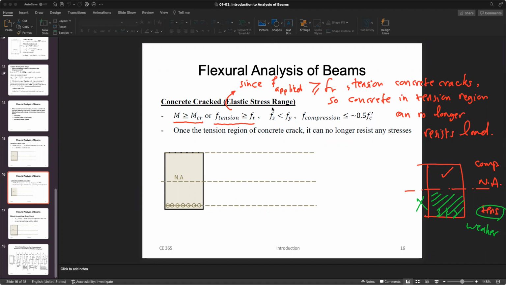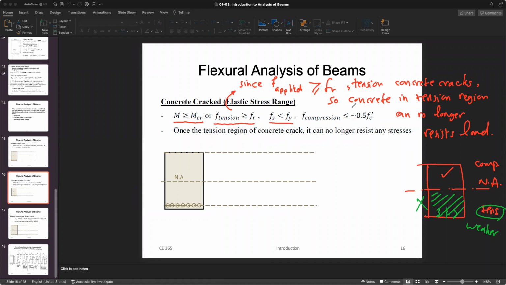All right. So before going there, let's just see these guys as well. The assumption we're having here is that the stress on the steel is less than its yield point yet. So you haven't yielded yet on the reinforcement. You're still having strength in the reinforcement. And your compression is less than about half f'c.